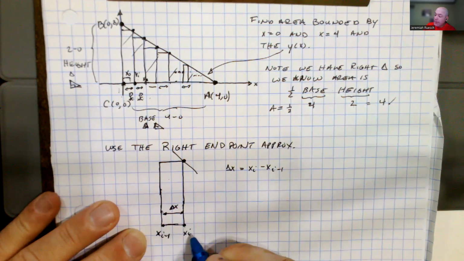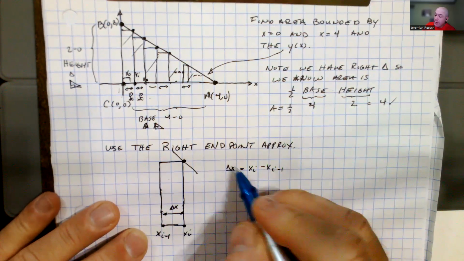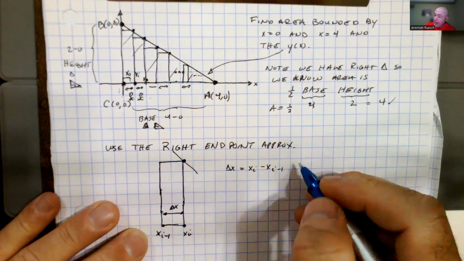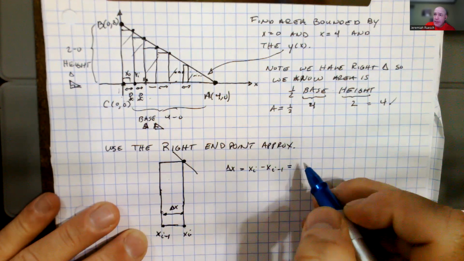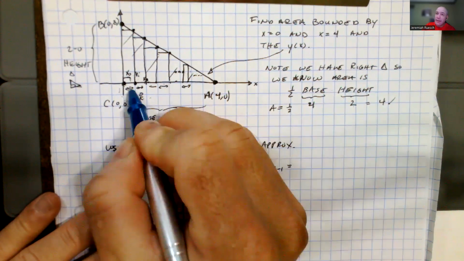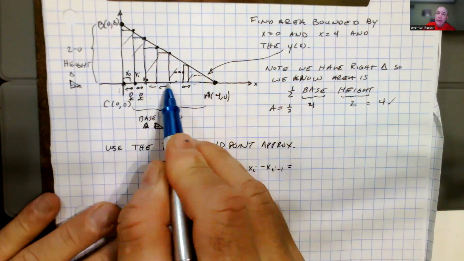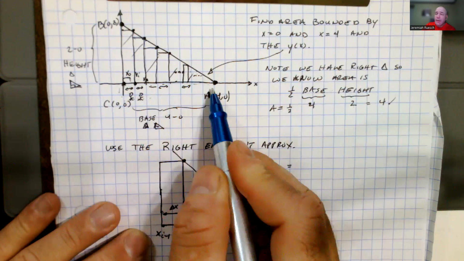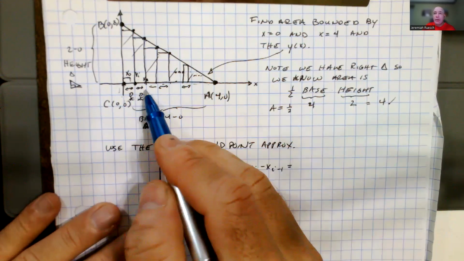So the minus 1 is this. This was like 5, this would be 4. So this is what defines what that width is. And to make sure that they're all equally spaced, that each of these bases is identical, you're going to take the length of the entire interval you're looking over and then divide it by how many equal sized pieces you want.